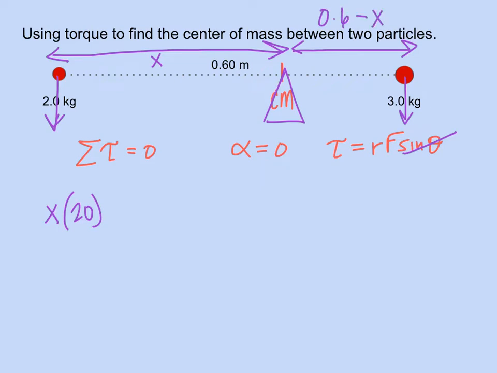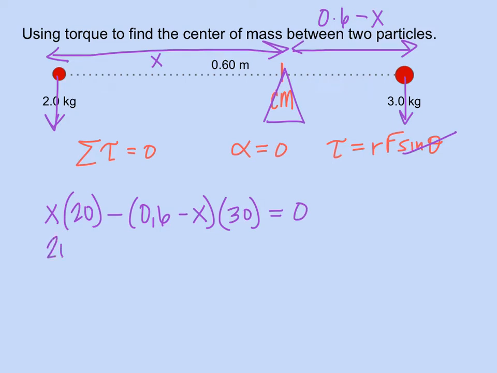So it's the remainder. That would be a negative torque that's causing the system to rotate in a clockwise direction. So 0.6 minus x, and then the force would be 3 kilograms times 10 newtons per kilogram, so that would be 30. And this has to total up to 0.